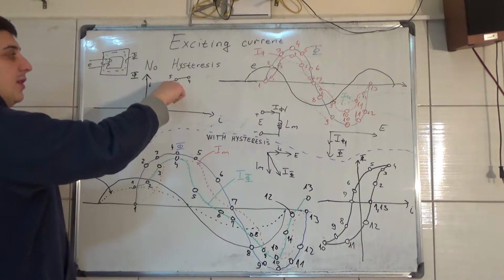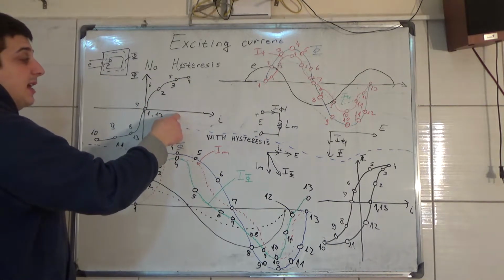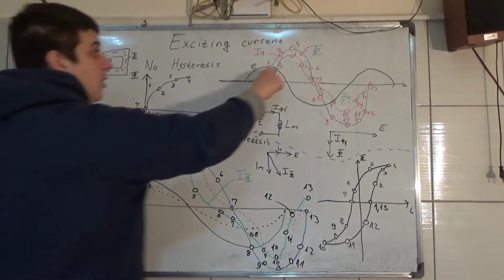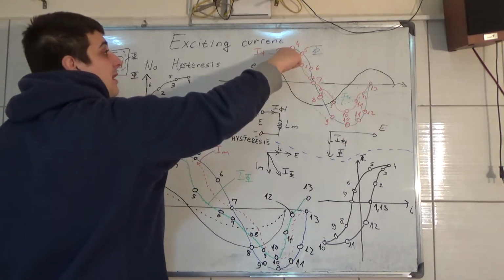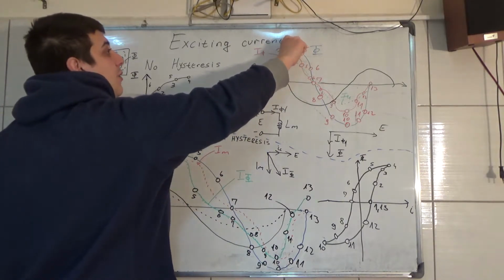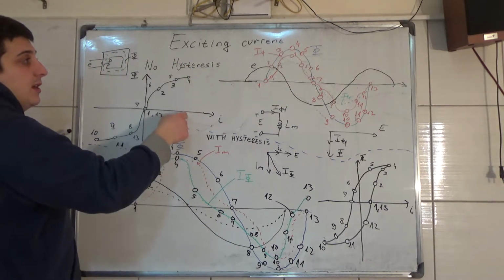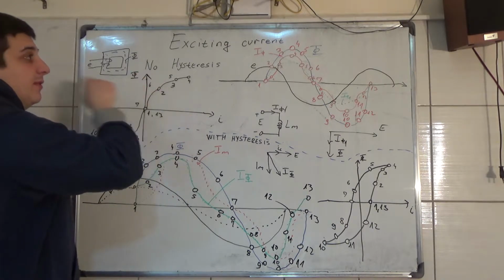This is point 3, this is the value of the exciting current, and this is the value of the magnetic flux. The current rises to its maximum amplitude, and the magnetic flux has its own amplitude. Here is the amplitude of the current, and here is the amplitude of the flux.